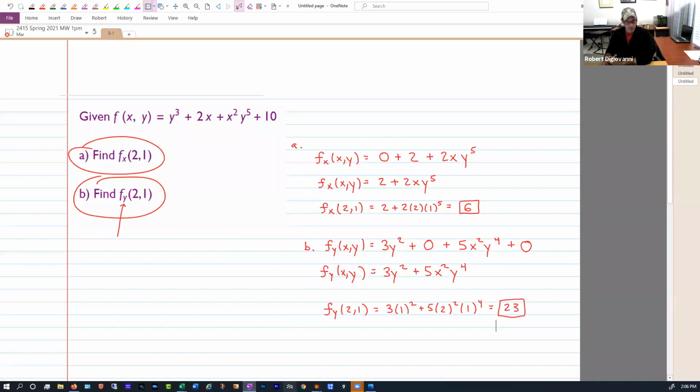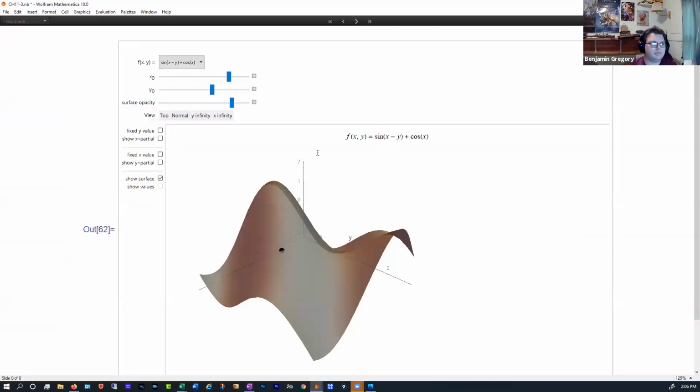All right, we're gonna move on. Because it kind of gives you the plane that you're going to work on, could you just plug in the value that you're making constant from the point? Like on the f of x, y, the one we just did, could you just plug in the point before you did the derivative and then take the derivative of what you get?